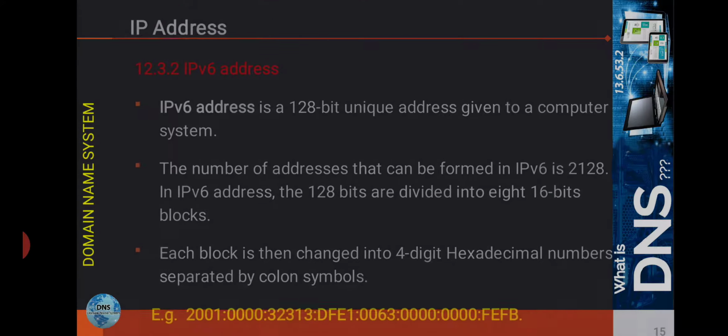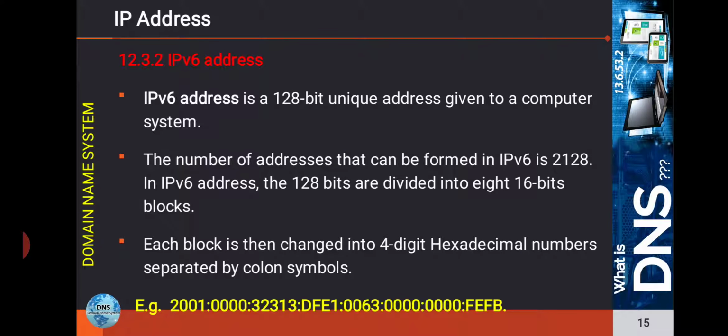The next one is the IPv6, Internet Protocol version 6 address. It is a 128-bit unique address given to the computer system. So IPv4 is 32-bit, while IPv6 is 128-bit. The number of addresses that can be formed in IPv6 is 2 power 128.